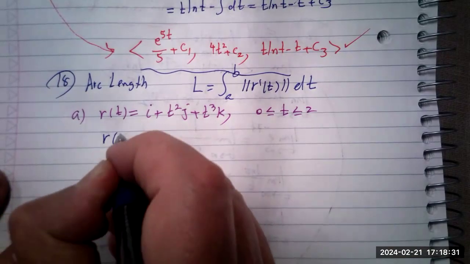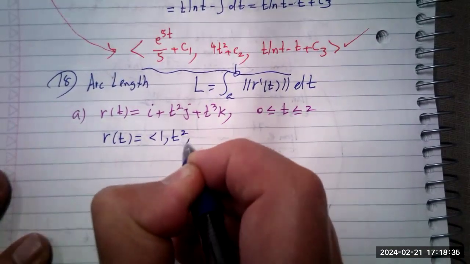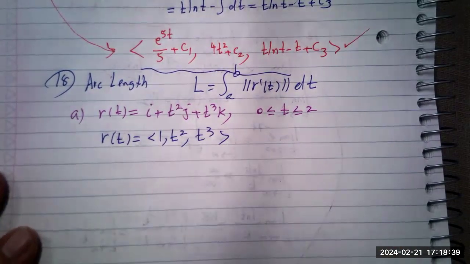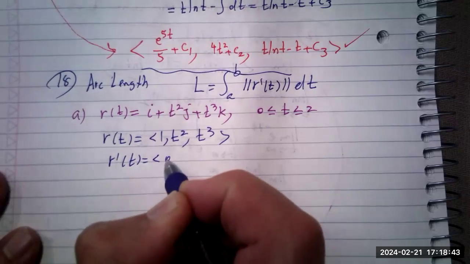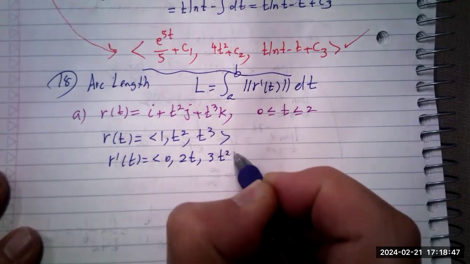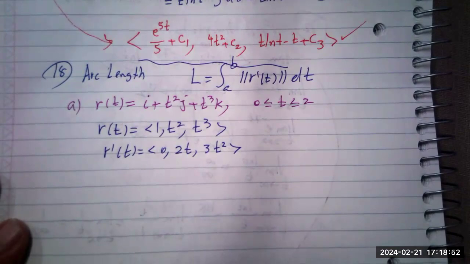So r of t is (1, t squared, t cubed). Differentiated, r prime of t is going to be (0, 2t, 3t squared). You get the norm.